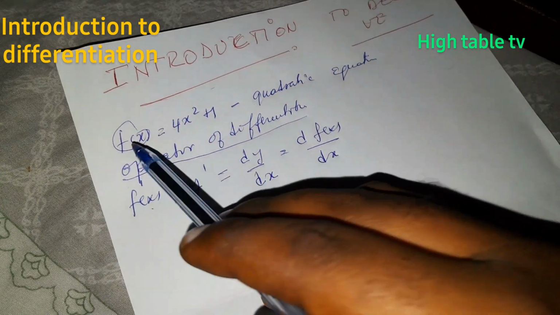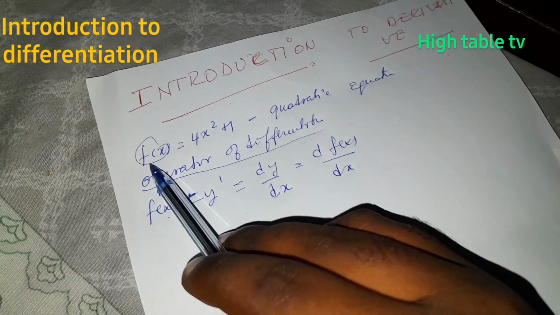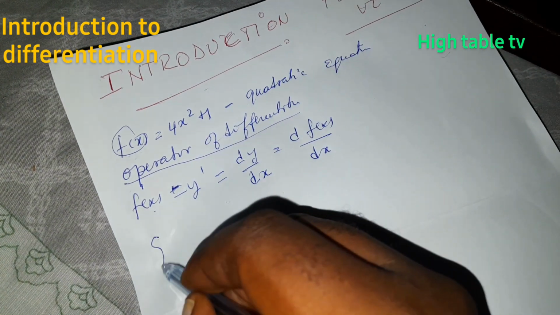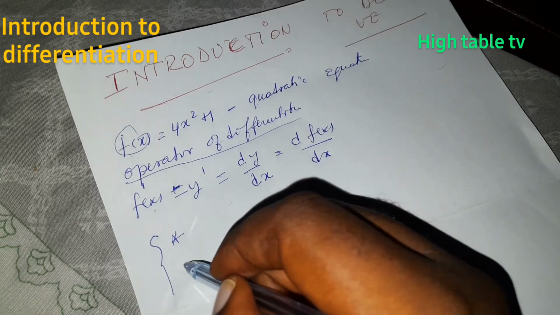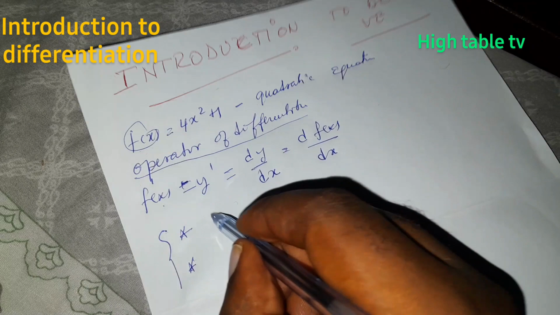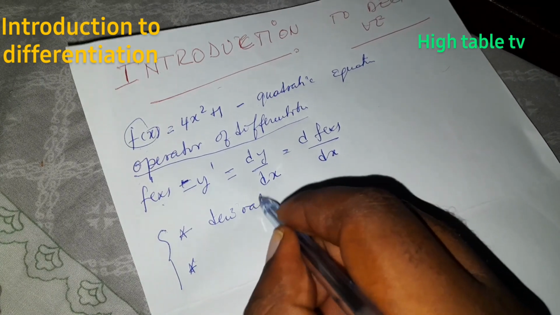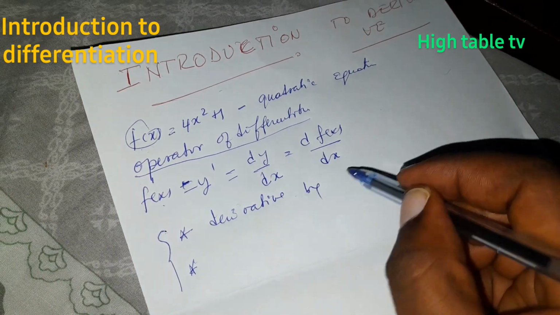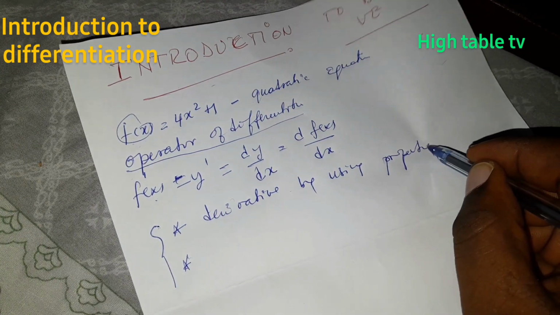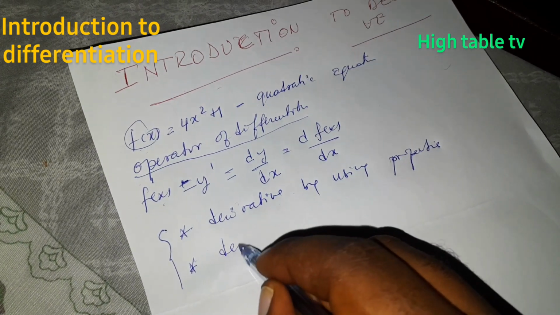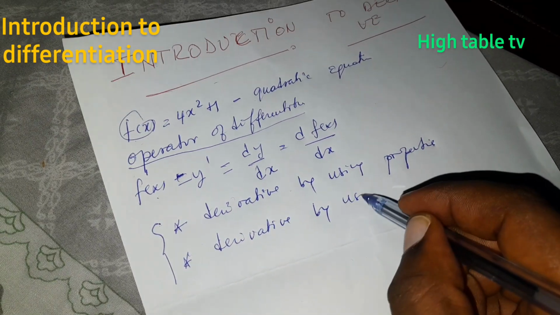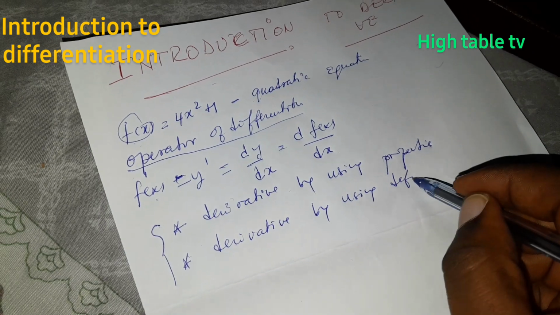By referring to the example f of x, you will see that you can make the derivative by using different methods. The first one is the derivative by using properties. Or also you can have the derivative by using the definition.